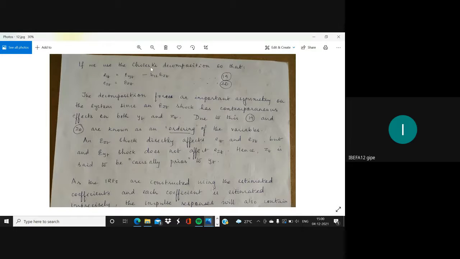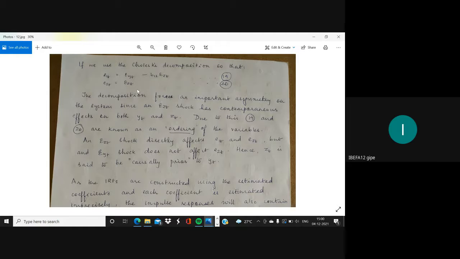Since you're using this Cholesky decomposition, you're basically imposing certain restrictions on your model so that you can decompose the errors in your model in a certain way. Because of the restriction we imposed yesterday, B21 equals 0.